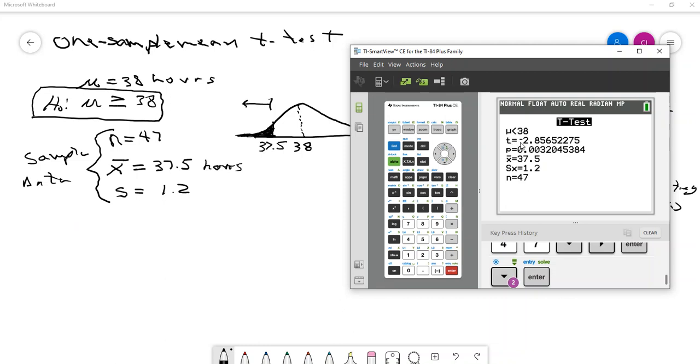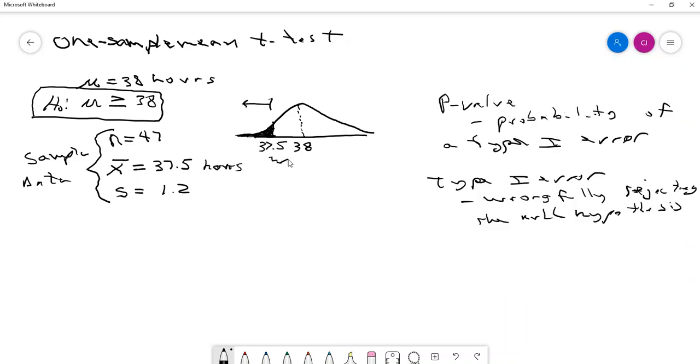So we got a t of negative 2.856. So really what this means is we are, we'll round that, negative 2.86 standard errors away from the middle here. So this distance from here to here, right?